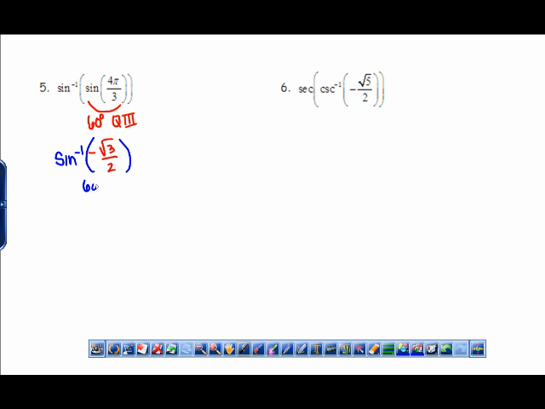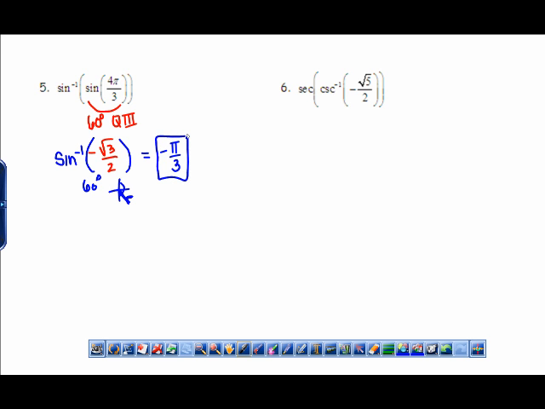So again, it's a 60-degree reference angle. But due to the restricted range, we'd actually go to quadrant 4. And remember, we take the shortcut back. So this would be negative pi over 3.